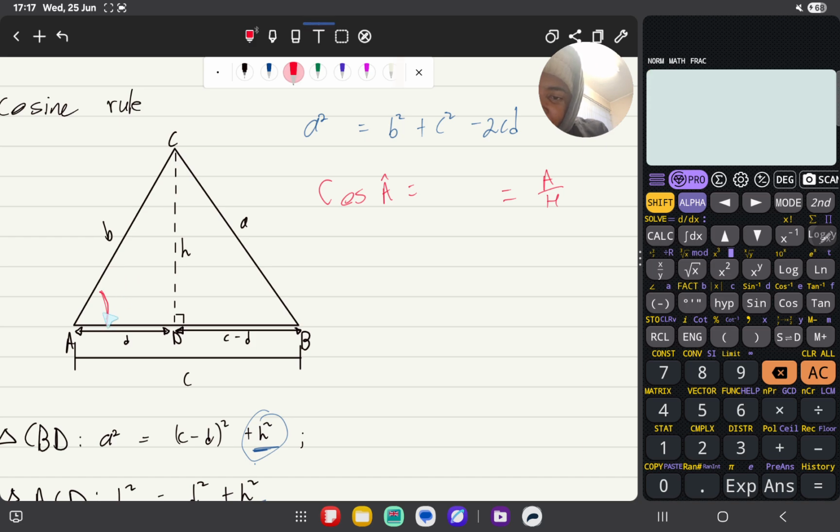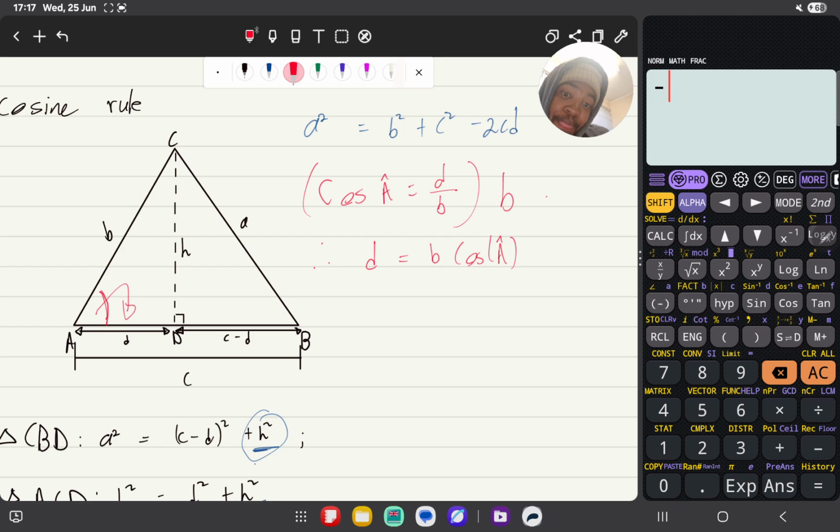What is adjacent to angle A? It is D, right? And the hypotenuse of angle A is B, right? So now I'll remove this and write D as the subject of the formula. I multiply by B all over, then I will have D equals B cos A, right?